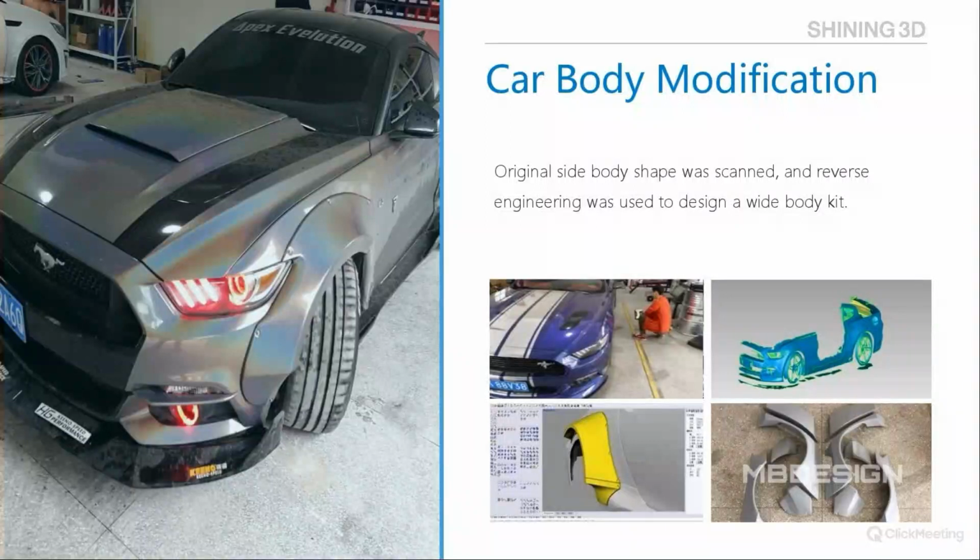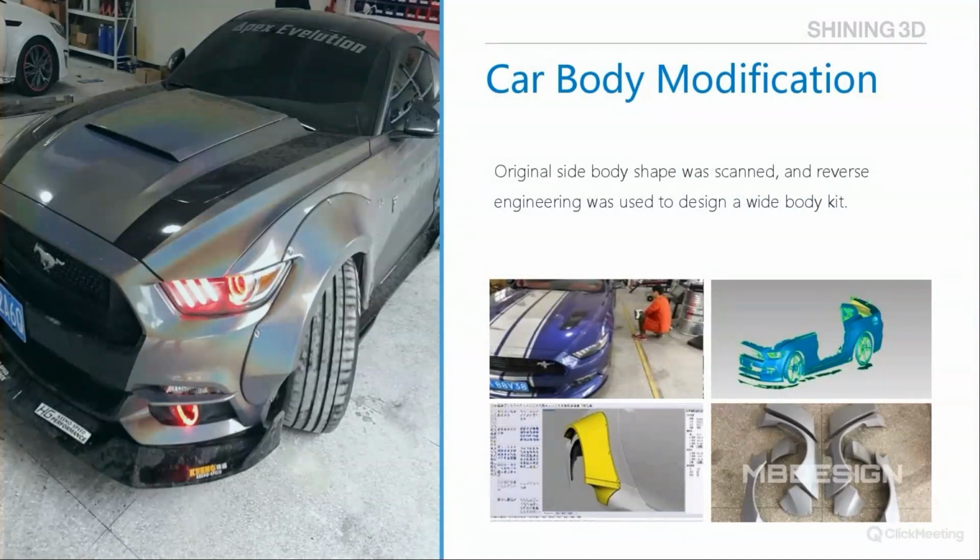And here's another case of what reverse engineering can do: to design this wide body kit for the car. Okay, here we have the Mustang, and what we did is we scanned the side of the car body, right? And we did reverse engineering to get the surface data.